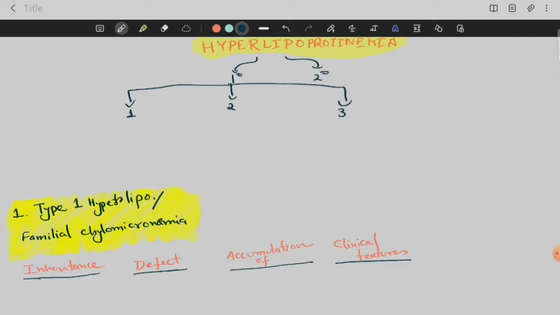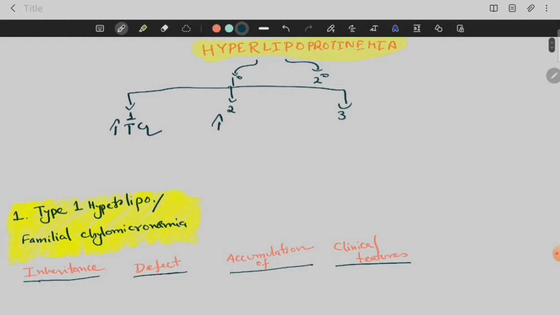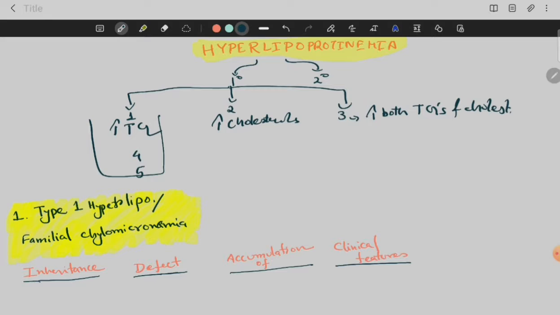The core of the disease is whether it is the triglycerides which are increasing or the cholesterol which is increasing. So we have to know whether it is the triglyceride, cholesterol, or both. Very simple. In the first one there is an increase in triglycerides, in the second one there is an increase in cholesterol, and in the third, both are increased, the TGs and the cholesterol. There are also types 4 and 5, which simply relate to the triglycerides.